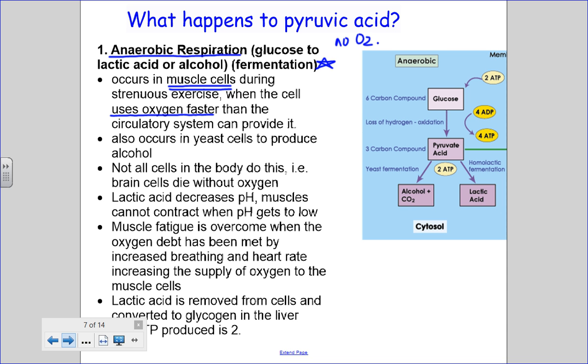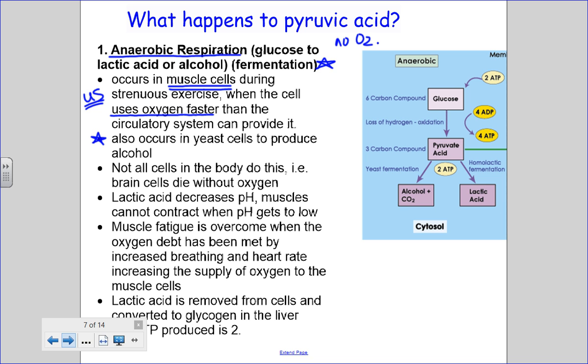So if you have ever felt the burn, this is what's happening. When you're feeling the burn, the reason you're feeling it is because of anaerobic respiration. Now, this is what happens in us, humans, and generally in any sort of animal.